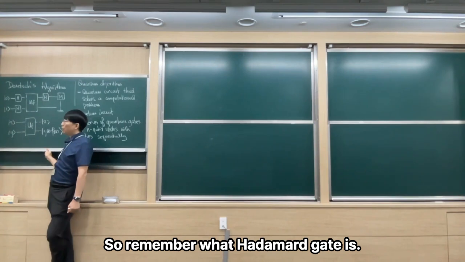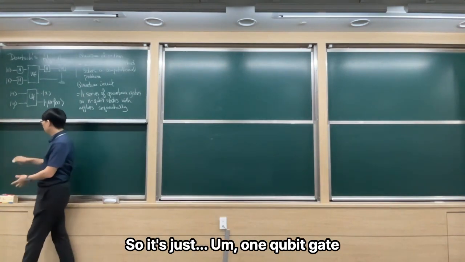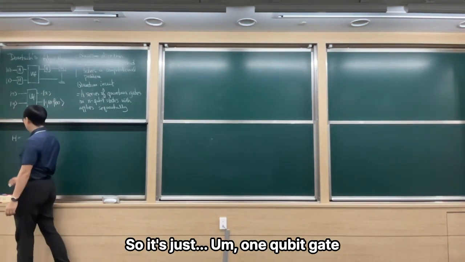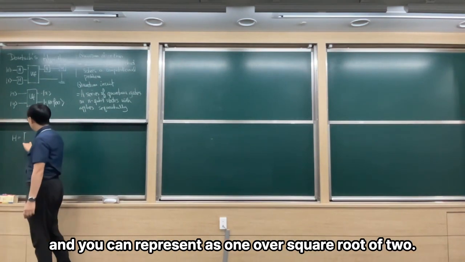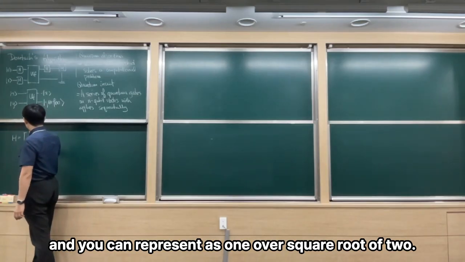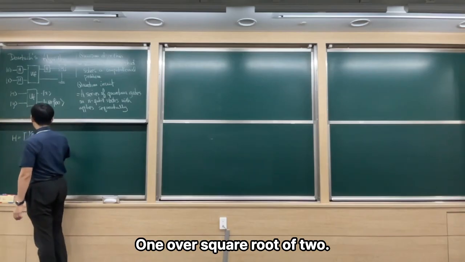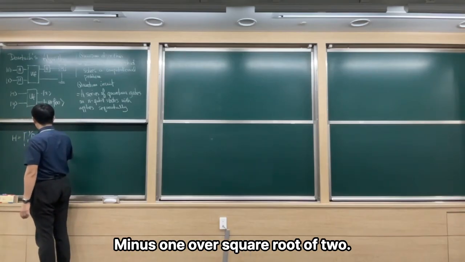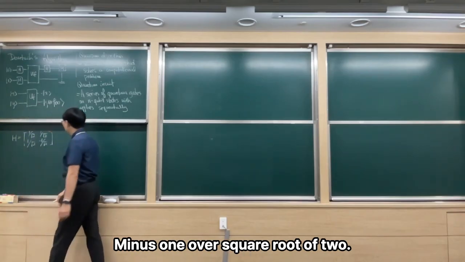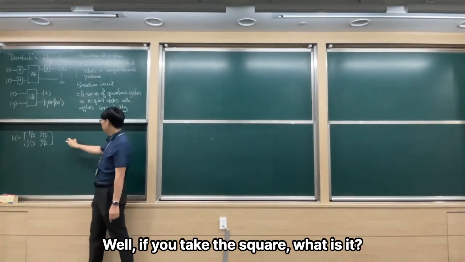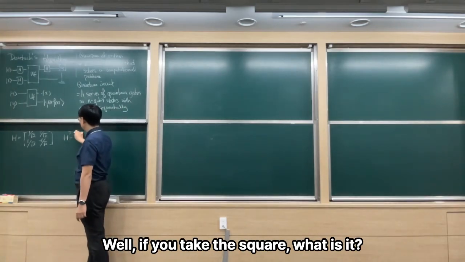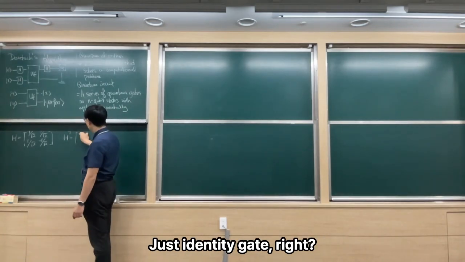So remember what the Hadamard gate is. It's just a 1 qubit gate, and you can represent it as the matrix with entries 1 over square root of 2, 1 over square root of 2, 1 over square root of 2, minus 1 over square root of 2. Well, if you take the square, what is it? Just the identity gate, right?